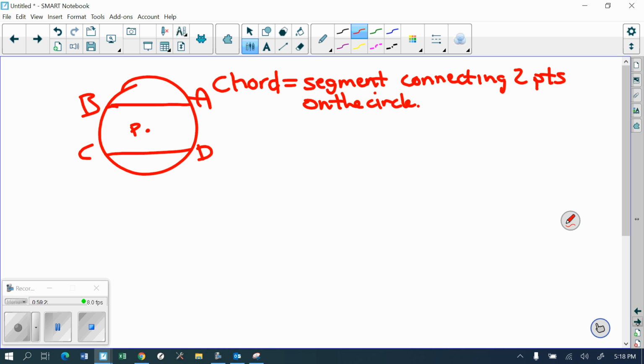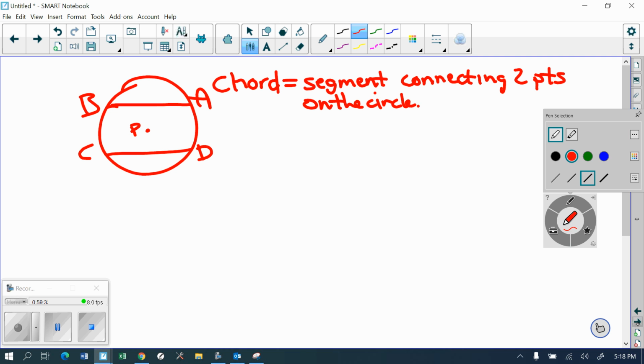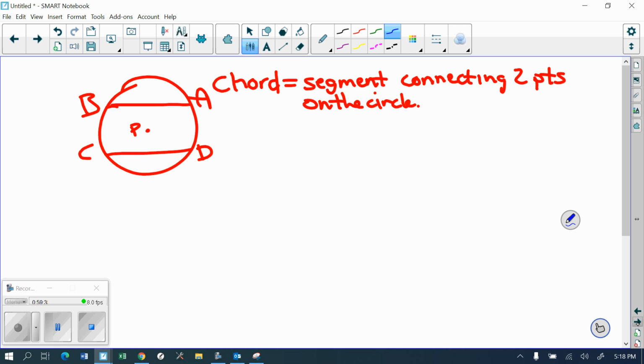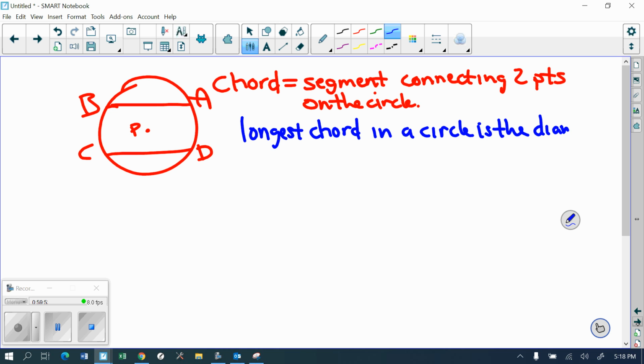Now, what can I say about these? First off, where do you think the longest chord is? Not of these two. I'm just saying what's the longest chord in a circle? Let's see if you can get it before I write it. The diameter.